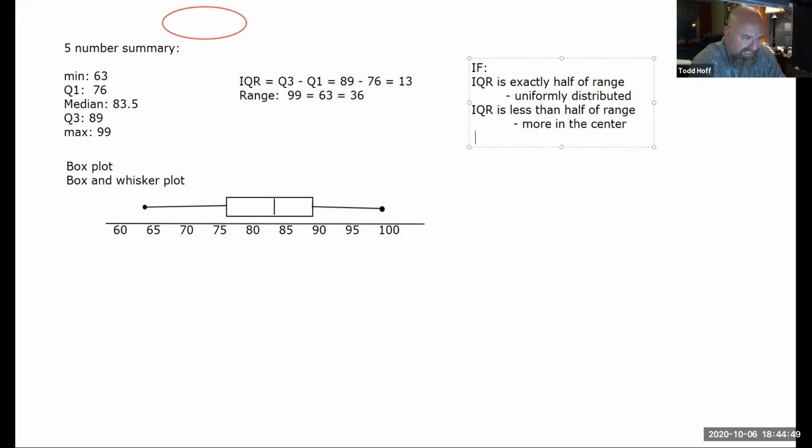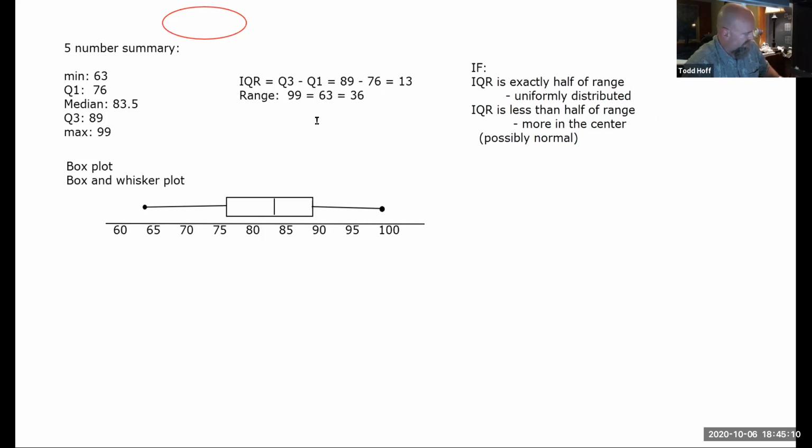It's possibly a normal distribution, not guaranteed, but to be a normal distribution, it does have to be tighter in the center. So the interquartile range does have to be less than half of the range. And there's a lot of things we can do to compare with that as we're going through.